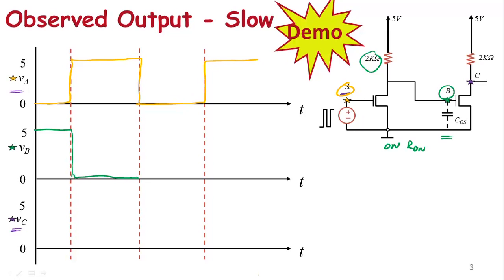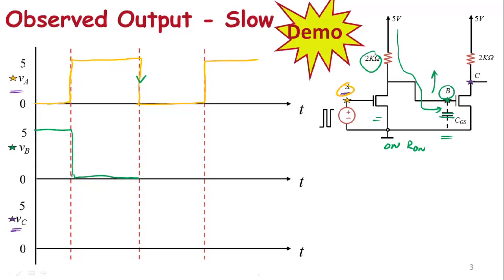Then I go up here, and now when VA falls, what happens? When VA falls here, the first transistor is going to shut off, and the node B needs to be pulled up to a high value. But now notice that the capacitor is initially charged to a low value, CGS, and it needs to charge up through the 5 volt and the 2K resistor, and there's the CGS.